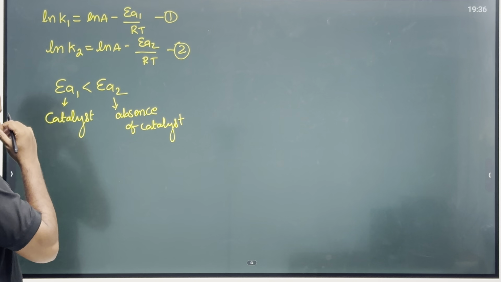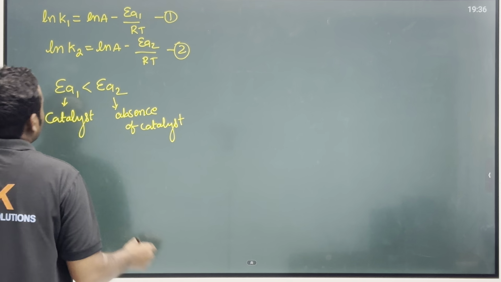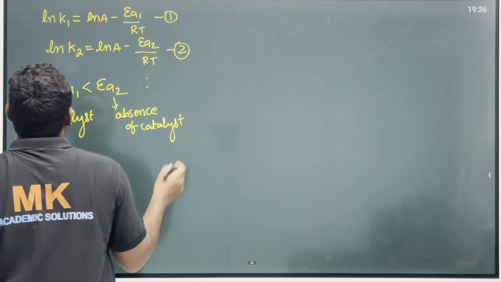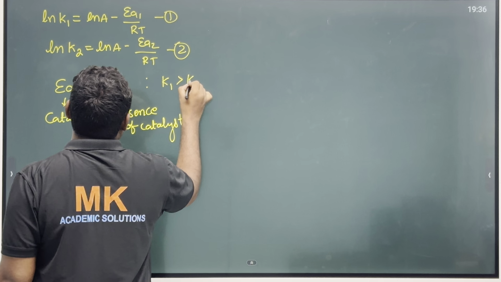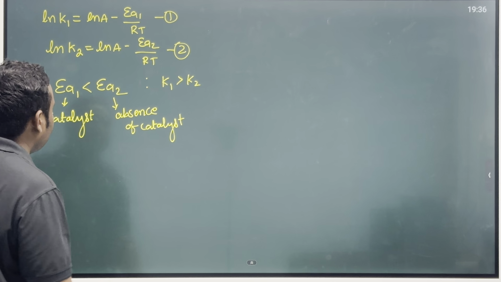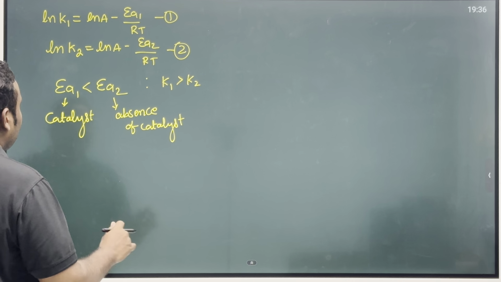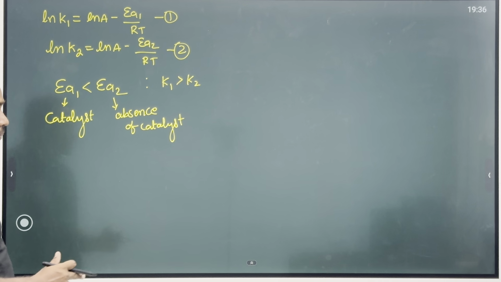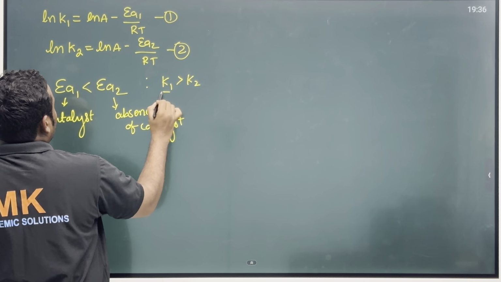Okay children, right? Now what about K1 and K2? Here K1 is greater than K2. Why? Because in the absence of catalyst there is more activation energy and a lower K value. In the presence of catalyst there is less activation energy and a higher K1 value.